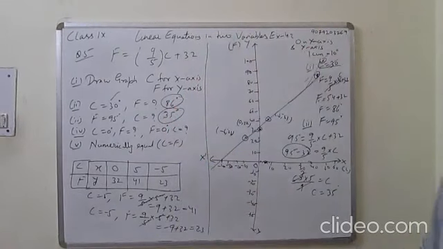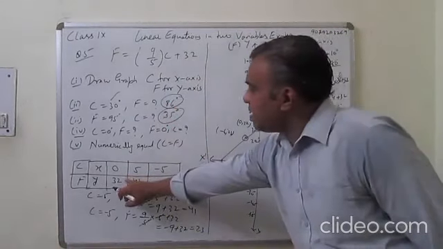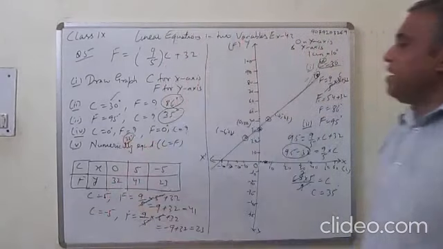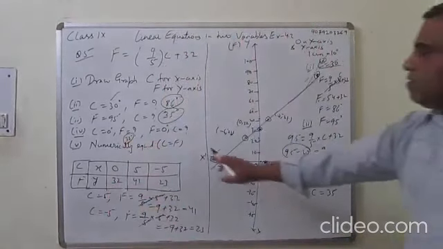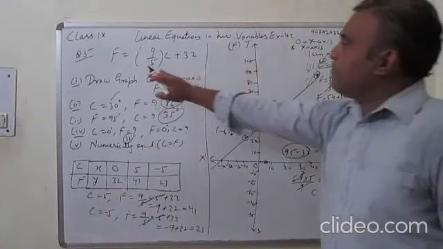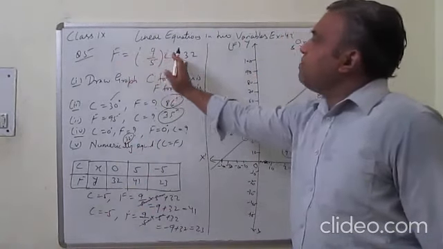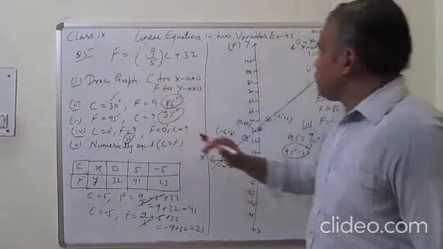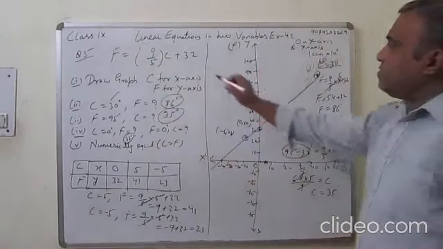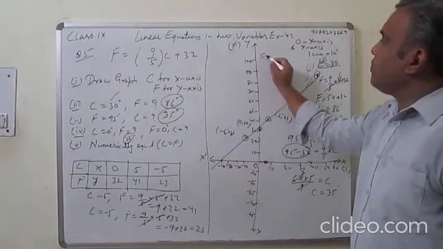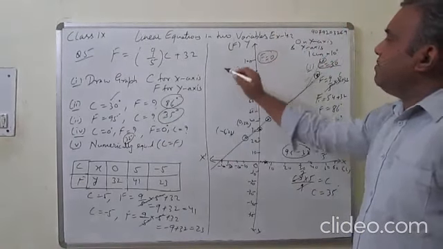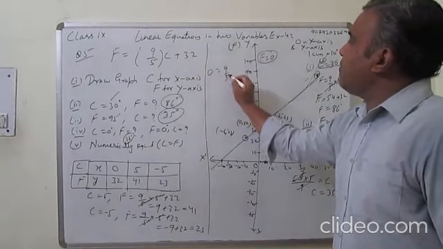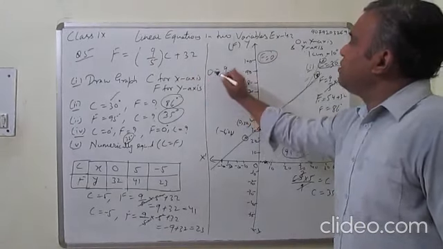Now C is equal to 0, Fahrenheit is 32. Now when F is 0, if you put F is 0, then what is C? 0 is equal to 9 by 5 into C plus 32. इधर ले जाइए तो ये कितना हो गया?